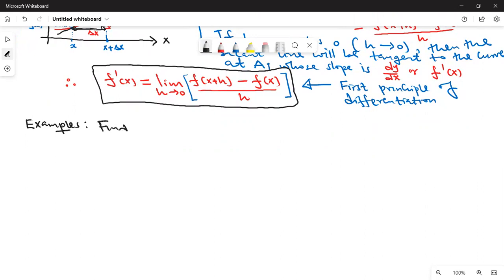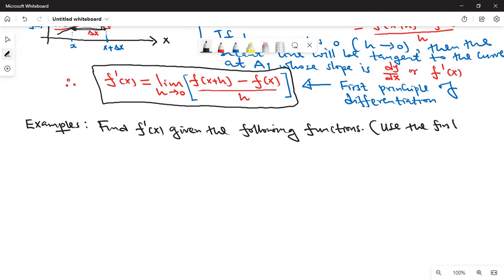Find f prime of x given the following functions. You're asked to use the first principle of differentiation.